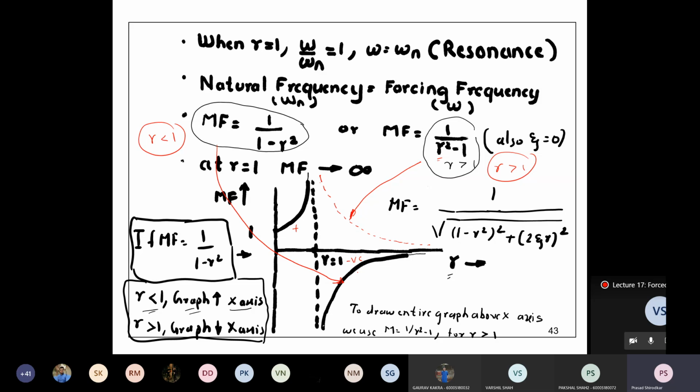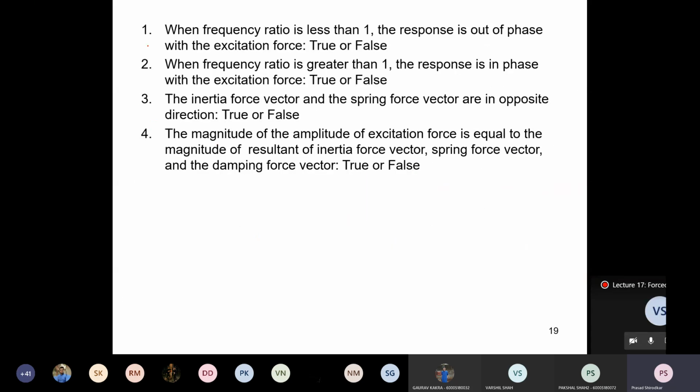All right. Next we are going to analyze the variation of magnification factor with respect to various design parameters. But before doing that, I would like you to refresh whatever you have learned until now and answer the first four questions of the quiz. Question 1, 2, 3, 4. Open up your quiz and answer the first four quiz questions.